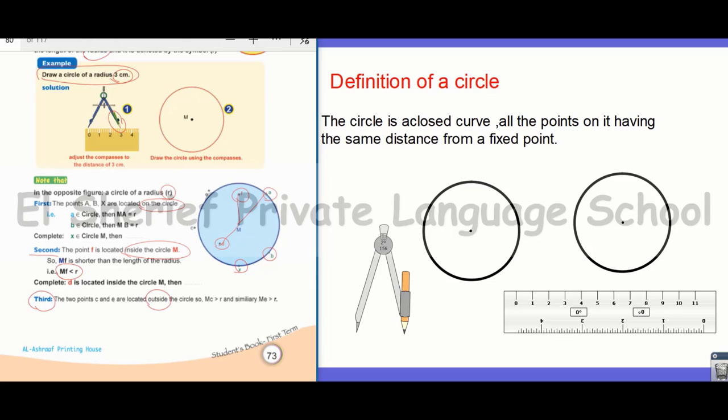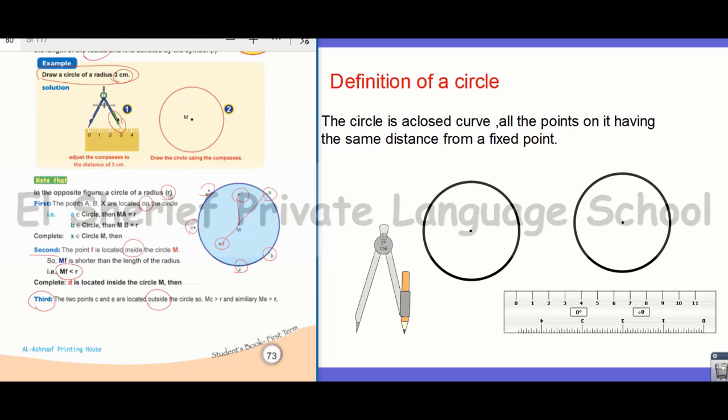So we have 3 types: on the circle, inside the circle, and outside the circle. Like what? Like point E and point C. Point E and point C are located outside the circle.